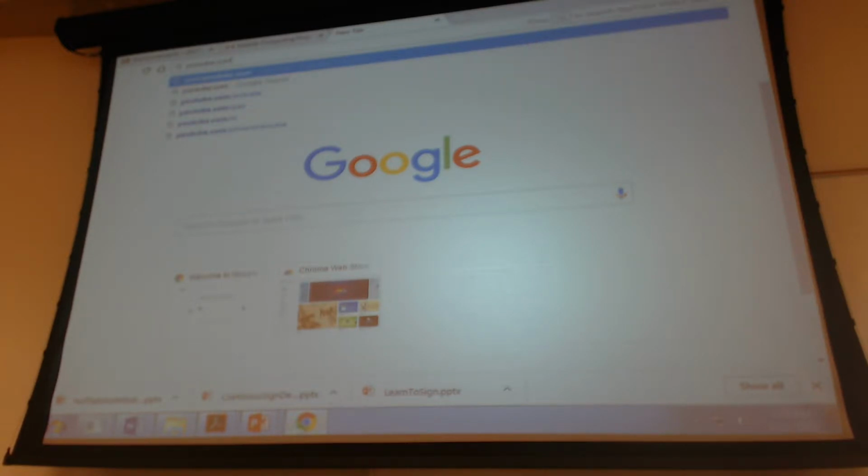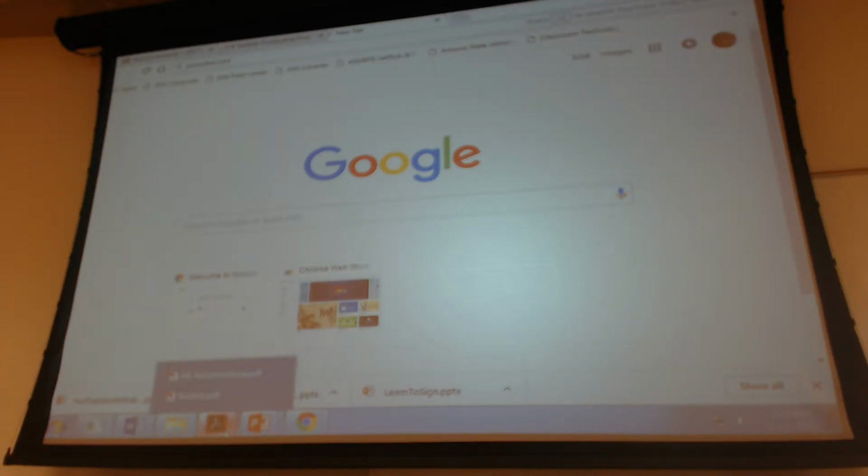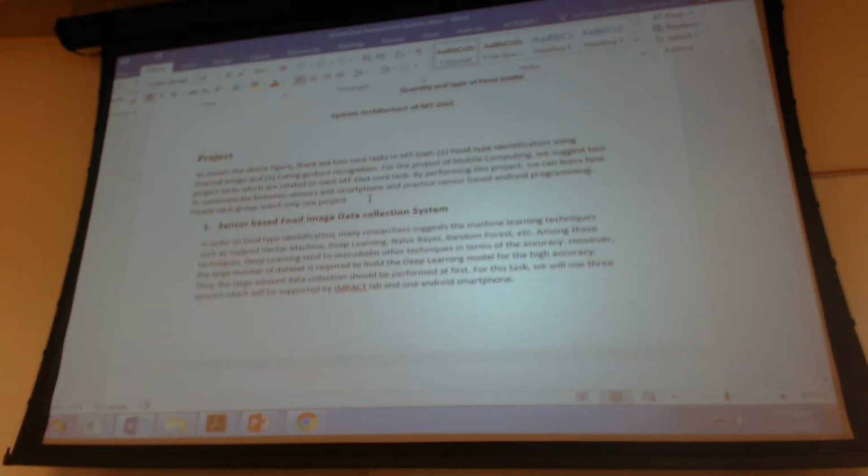Now, related to that project, we have two different tasks or two different sub-projects that you can take up. First sub-project is a sensor-based food image data collection system. So one of the important things to do for this kind of project is that you need a lot of data to validate whether the accuracy of that system is really good or not, whether it is usable or not, and so on.